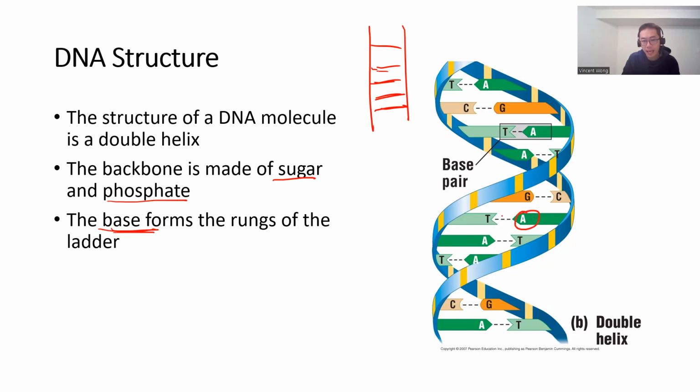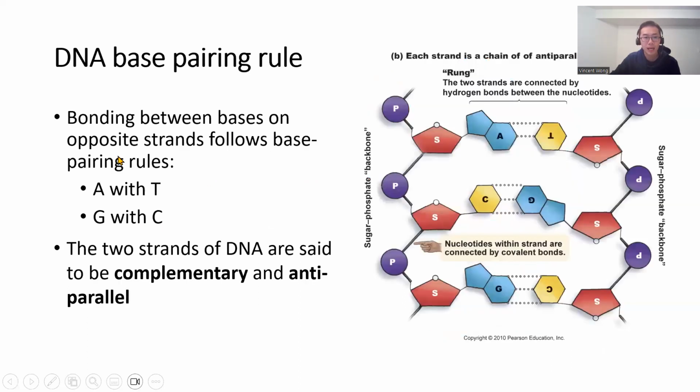So you can see the A's and the T's and the G's and the C's, right? From this picture, you might be able to see that G and C always go together, and A and T always go together as well. That's called the base pairing rule.